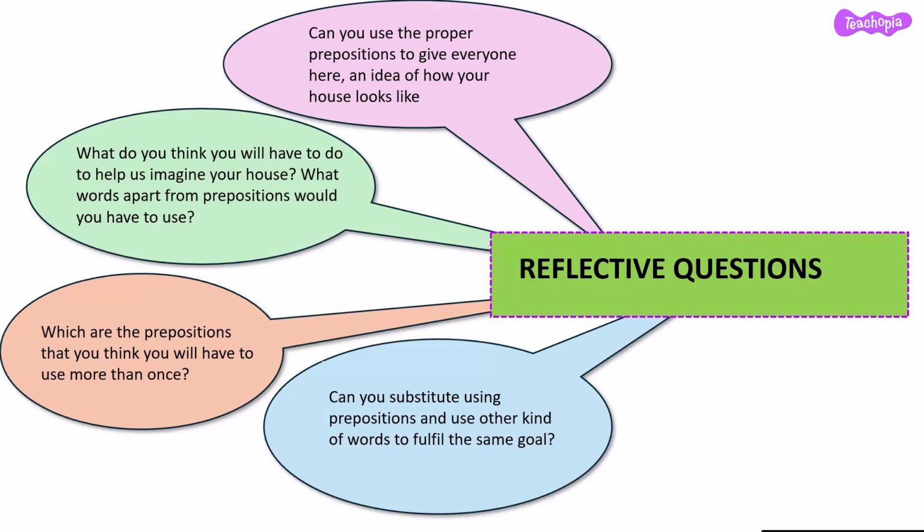Or, what do you think you will have to do to help us imagine your house? What words apart from prepositions would you have to use? Which are the prepositions that you think you will have to use more than once? And lastly, can you substitute using prepositions and use other kind of words to fulfill the same goal?